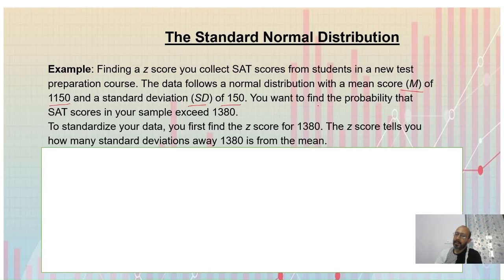You want to find the probability that SAT scores in your sample exceed 1380. To standardize your data, you first find the Z score of 1380. The Z score tells you how many standard deviations away 1380 is from the mean.